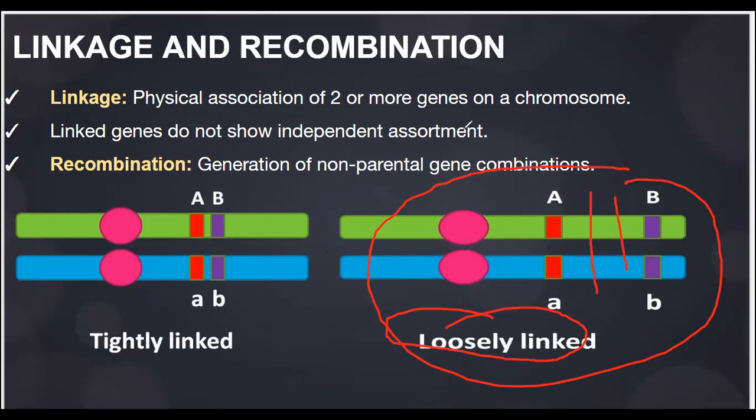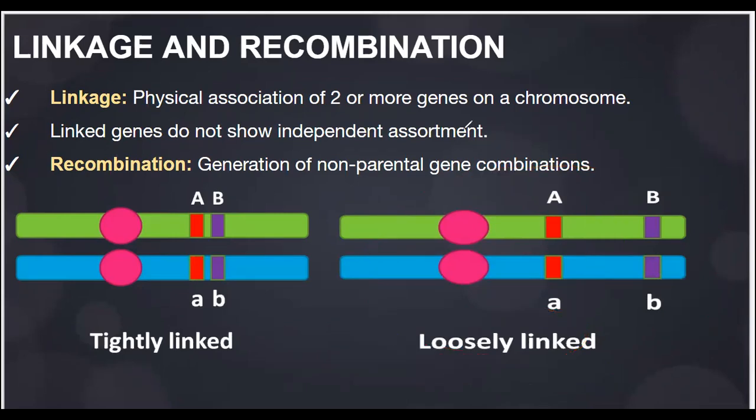Let's go into a bit more detail. You have to be clear with the word linkage. Linkage is nothing but the distance between two or more genes on the same chromosome, and linked genes usually will not show independent assortment. Depending upon the type of linkage, it is complete or incomplete.